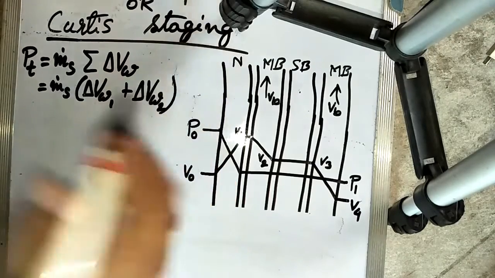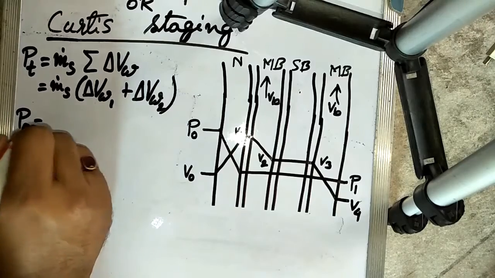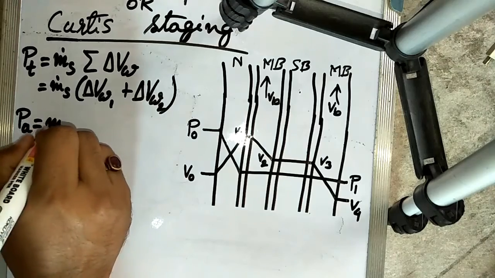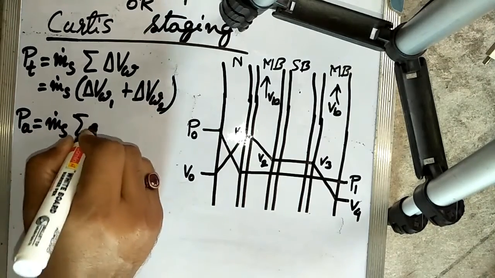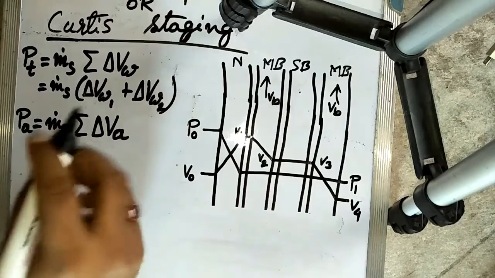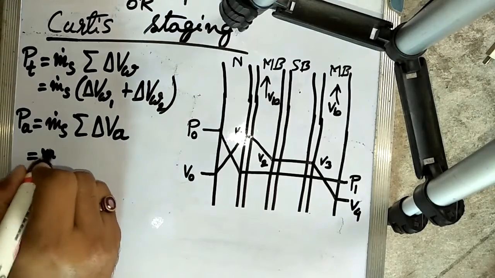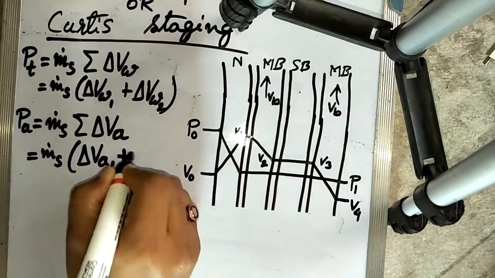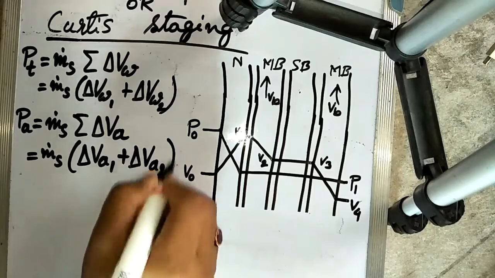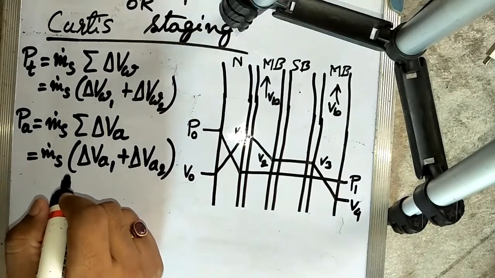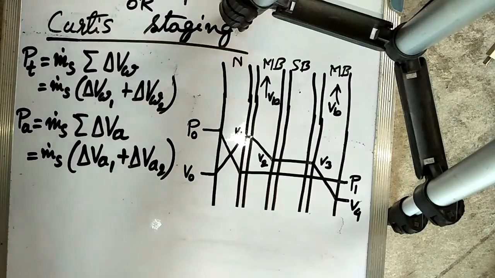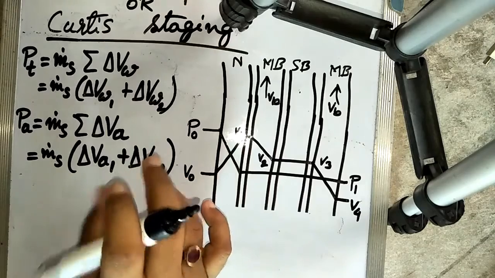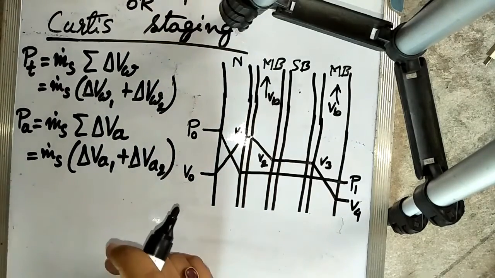Again the axial thrust PA can be written as m dot s into summation of del VA, that is m dot s into del VA1 plus del VA2. Again this del VA1 comes from the first velocity diagram, the first stage of blades, and del VA2 comes from the second velocity diagram or second stage of moving blades.